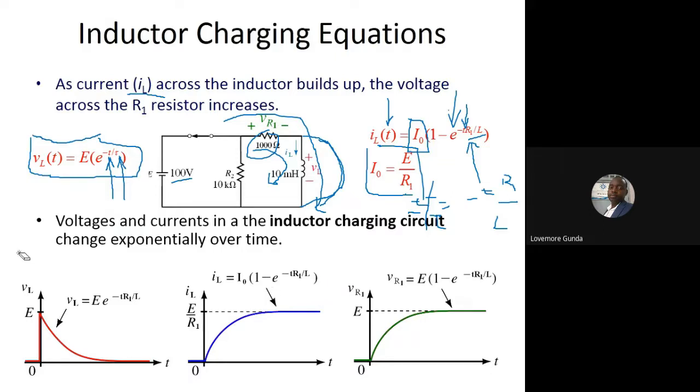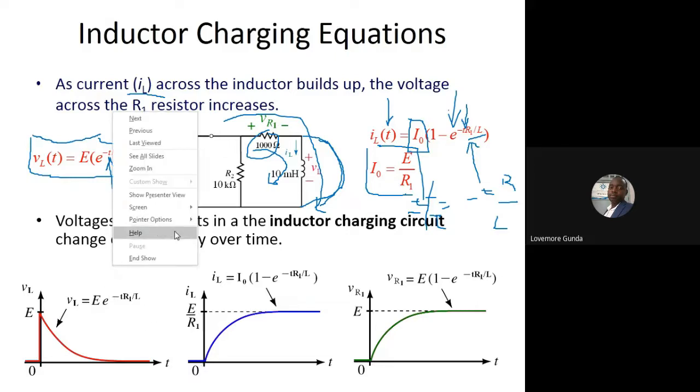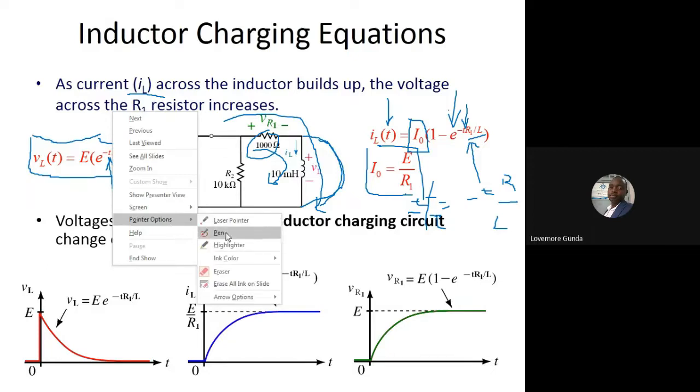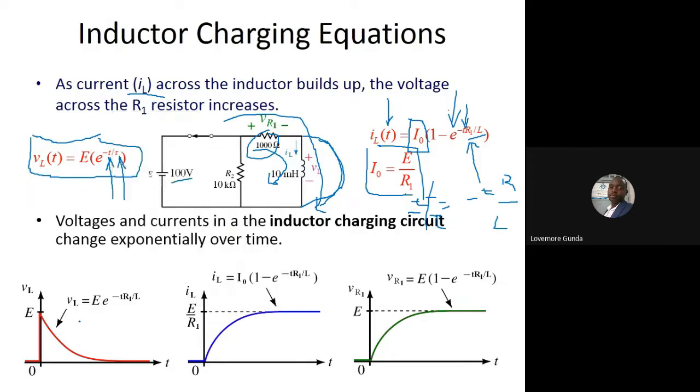So VL is equal to E exponent of minus t over tau, which becomes minus t R1 over L. So we are saying the voltage across the inductor decreases or decays exponentially as time proceeds during the charging phase.